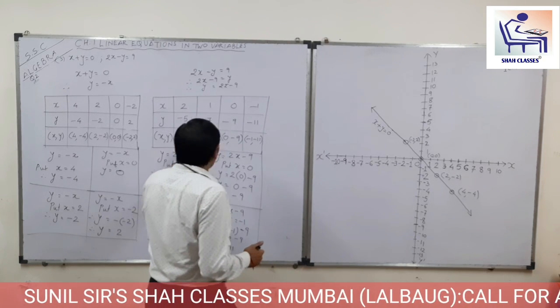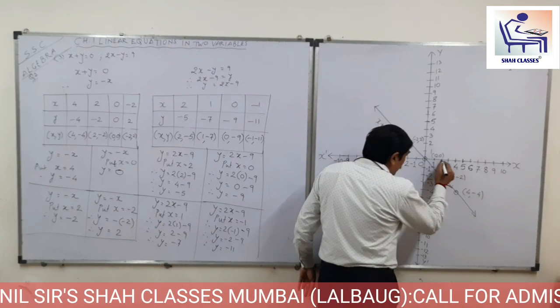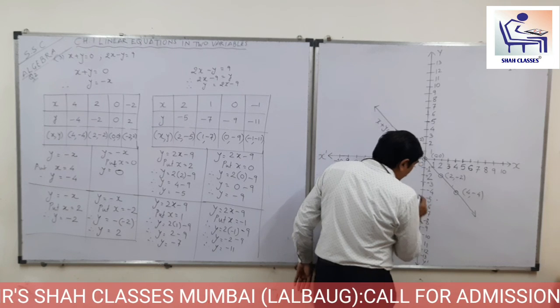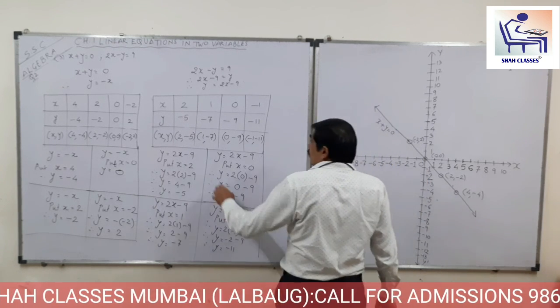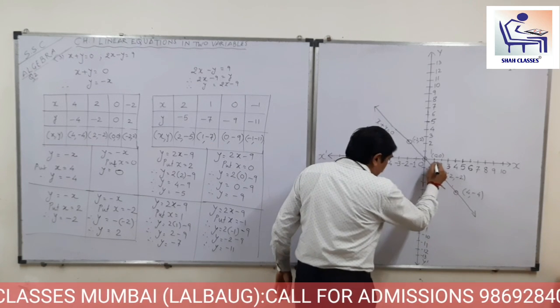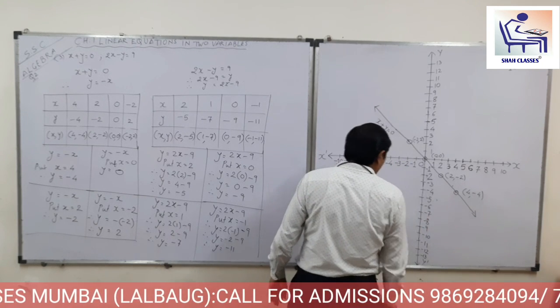So here the first point is 2 and minus 5. So 2 on the x-axis and minus 5 on the y-axis. You got the first point? Second point is 1 and minus 7. We got the second point.